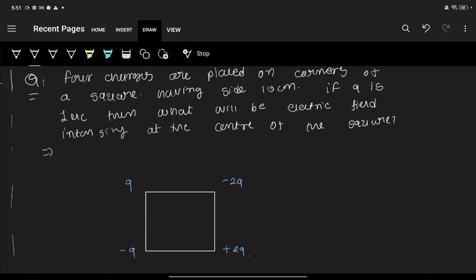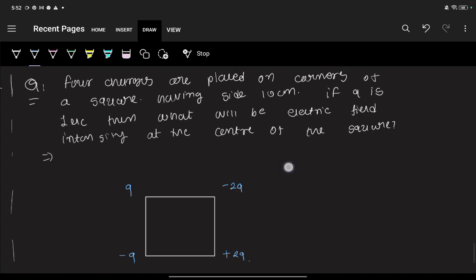Sir, and the charge in the middle is what, sir? Four charges are placed on the corners of a square. You need to find the electric field at the center. There is no charge. No charge.